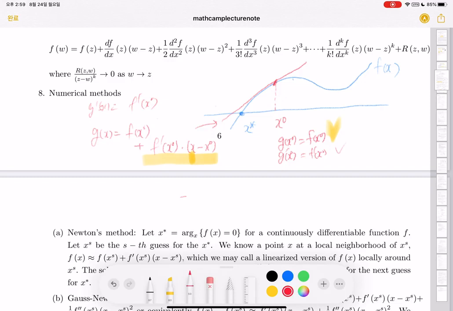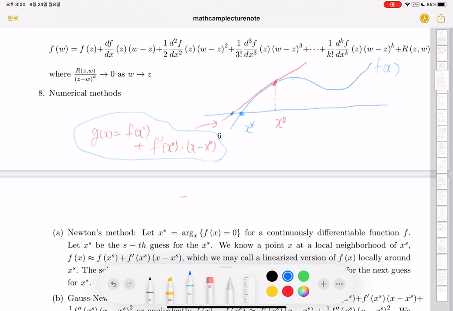So this is the equation of the line, and you set the next x, let's say x1, to be the zero of the line.